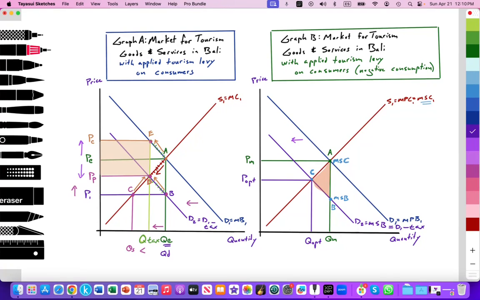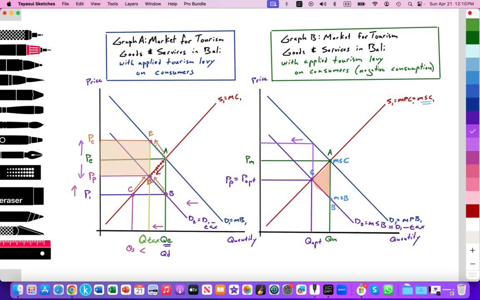All right, so D2 is reflective of what consumers are willing and able to pay before they pay that tax. That would have the effect again of shifting the demand curve in from D1 to D2, and that would take us to the price at optimum, but that becomes the price received by the producer. That's going to increase the price paid by the consumer.